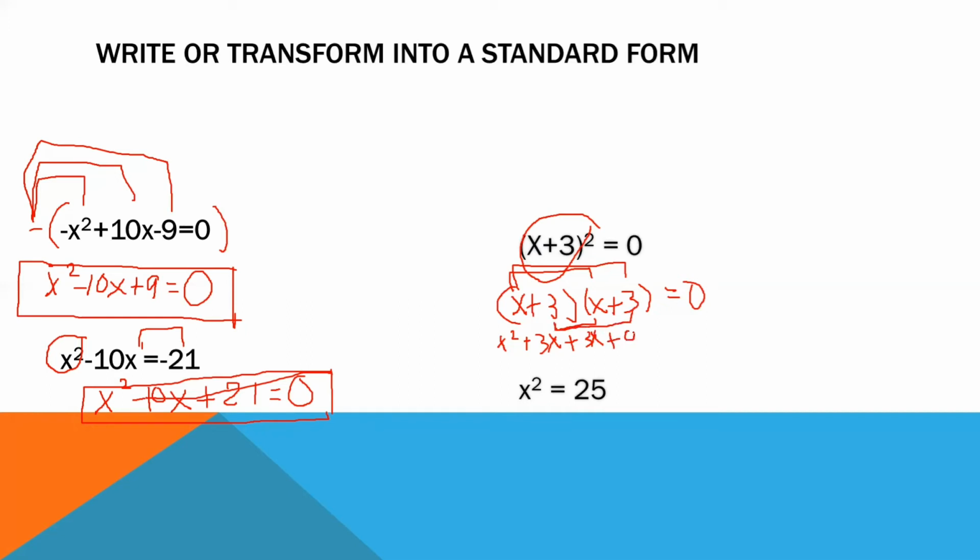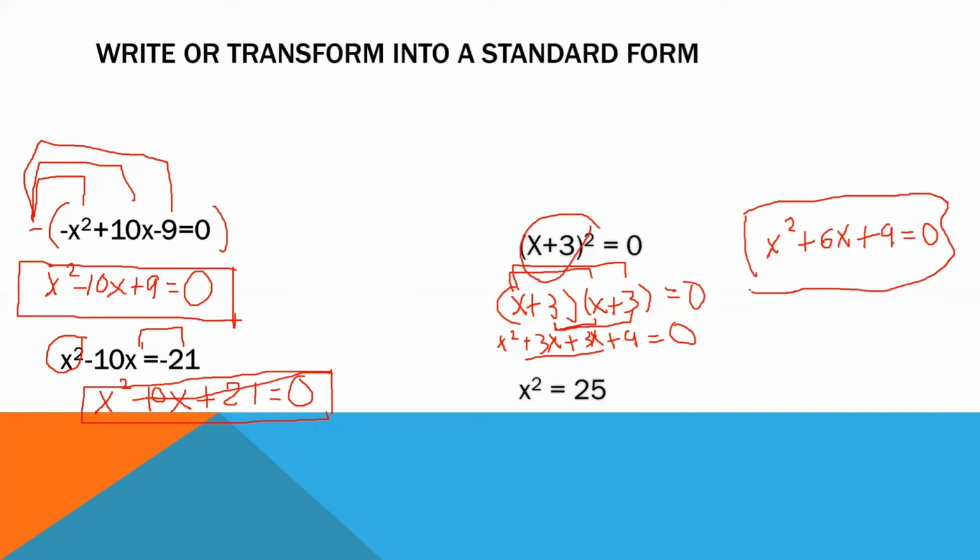Then equal to 0. Then simplify the similar term or like terms. Then magiging x squared. Then 3x plus 3x is equal to 6x. Then next natin is copy the 9. Then equal to 0. So now this is the standard form of our equation.